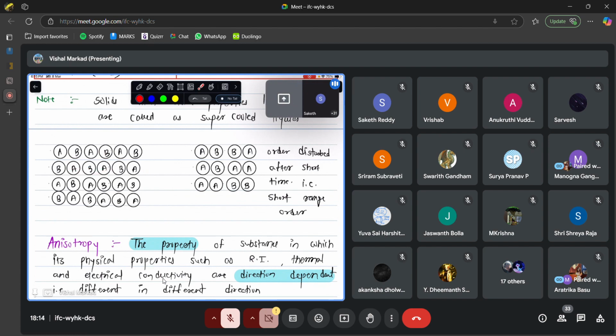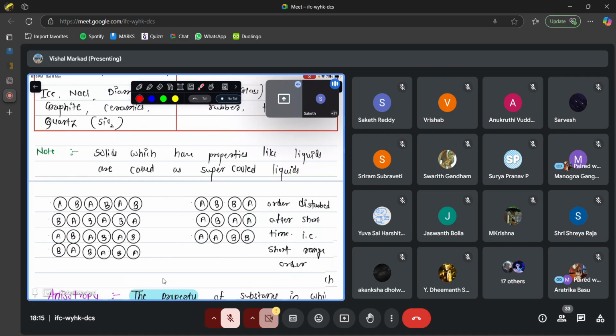But when it comes to the amorphous, A B, again B A, order changes. Is the same order followed here? A B A B, no. A B, then again some different order, B A. For the second A B, we expected that again it will show A B, but what are we getting? A and A. So the order is different.